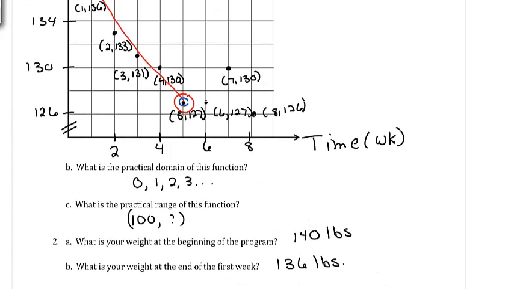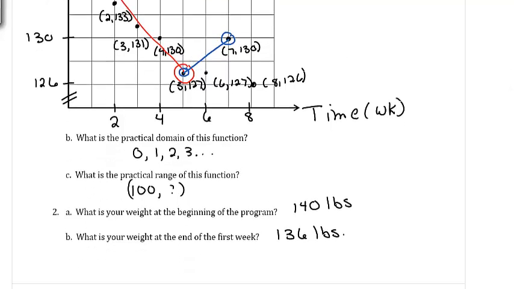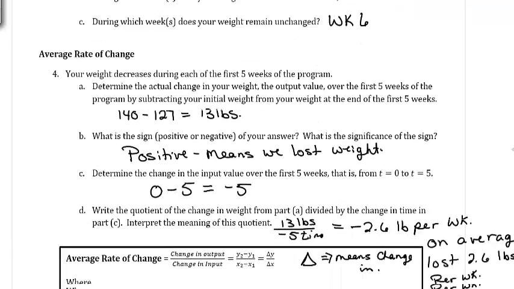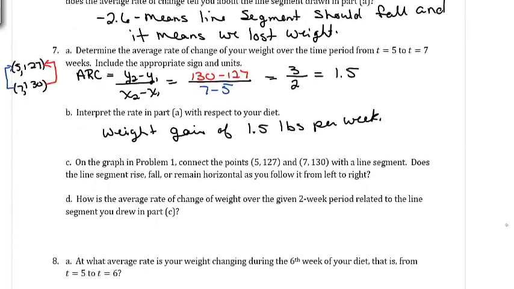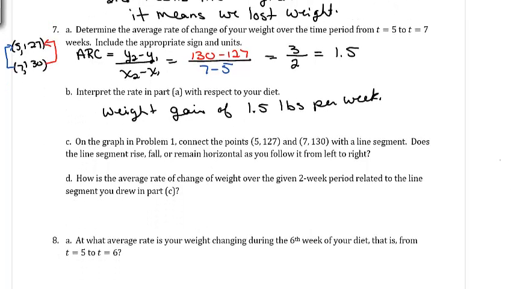So here's week 5, and here's week 7. You see our line segment is going up as we move to the right this time, and again that's going to indicate a weight gain. So we connected those in blue, and this rises.